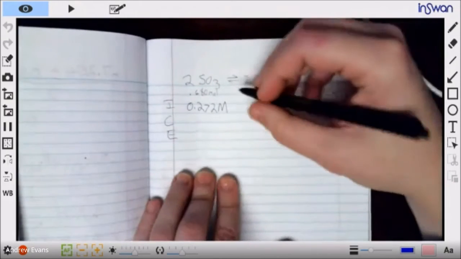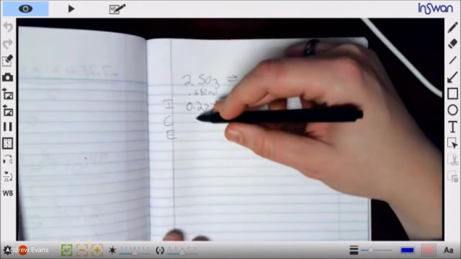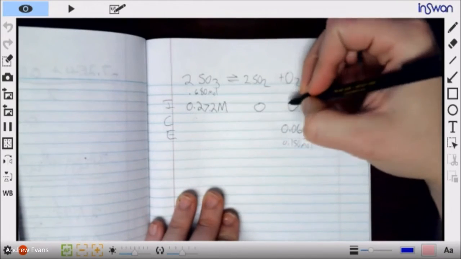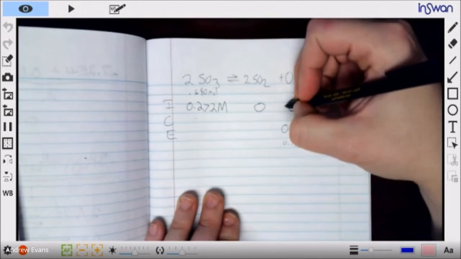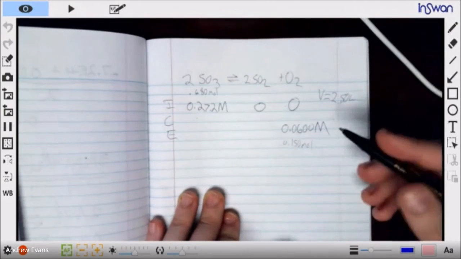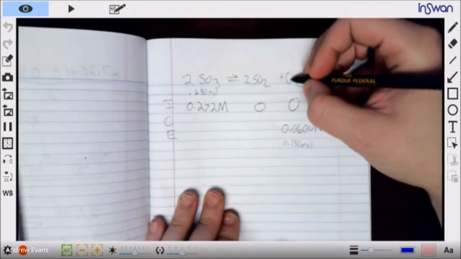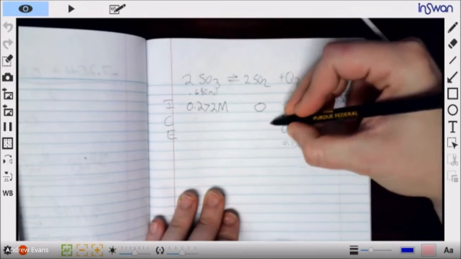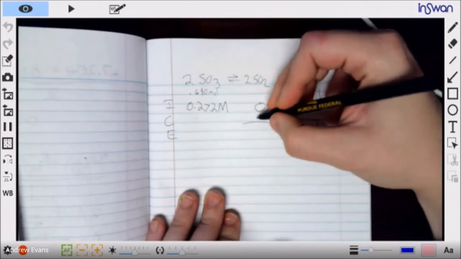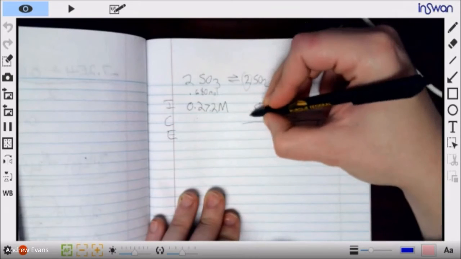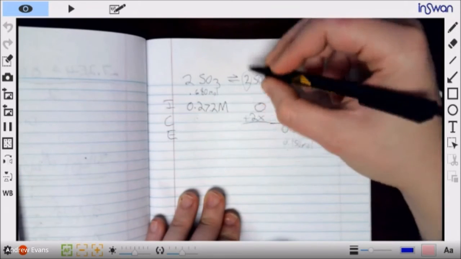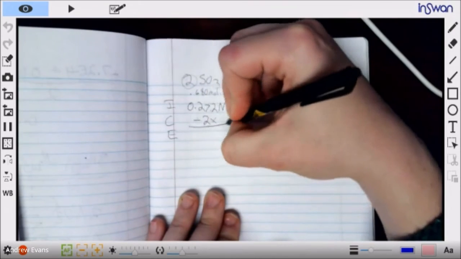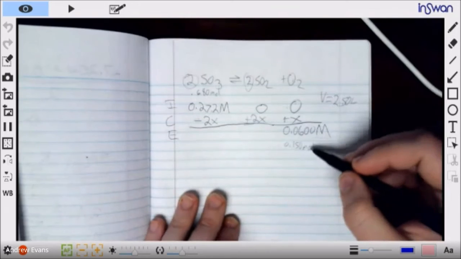Now, initially, if we put this into a container and let it break apart, at the initial point that would be 0 and 0. So the change going from 0 to 0.06 must be positive x. The change here must be 2x. The change here must be negative 2x. Now, fortunately, we know our x.